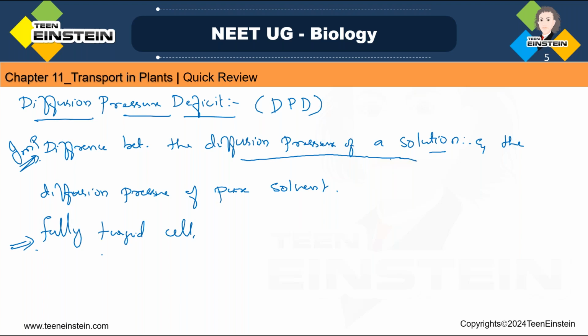So note down that in a fully turgid cell, the DPD is equal to 0. In a fully turgid cell, the diffusion pressure deficit is 0, but in a flaccid cell, the diffusion pressure deficit is equal to the osmotic potential.